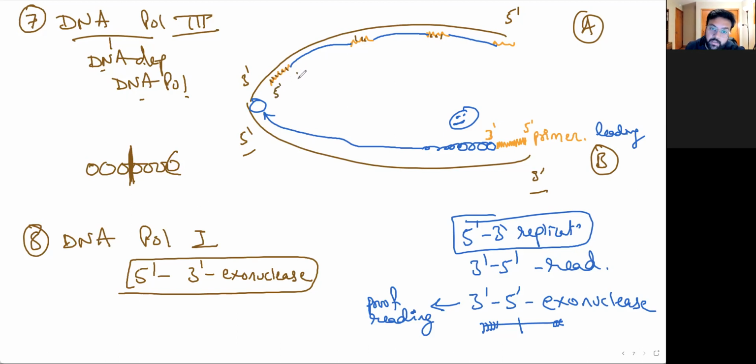So this is 5', this is 3'. It can cut right from here, chop, chop, chop. It will cut the entire strand from 5' to 3'. Then later on, it can also synthesize again 5' to 3'. It will cut 5' to 3', again make 5' to 3', and proofread 3' to 5'. Did you guys understand?